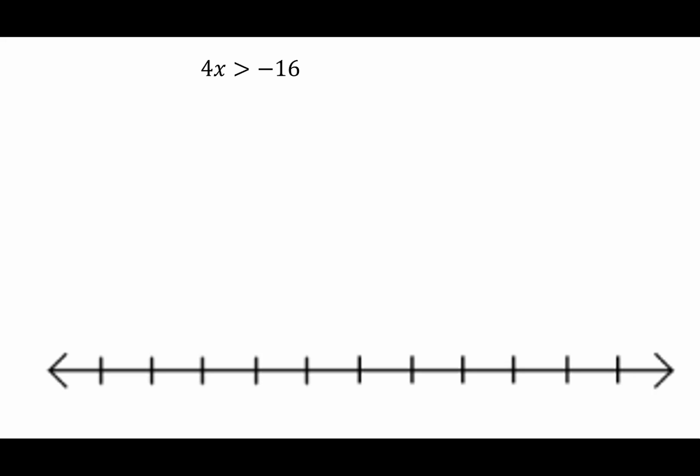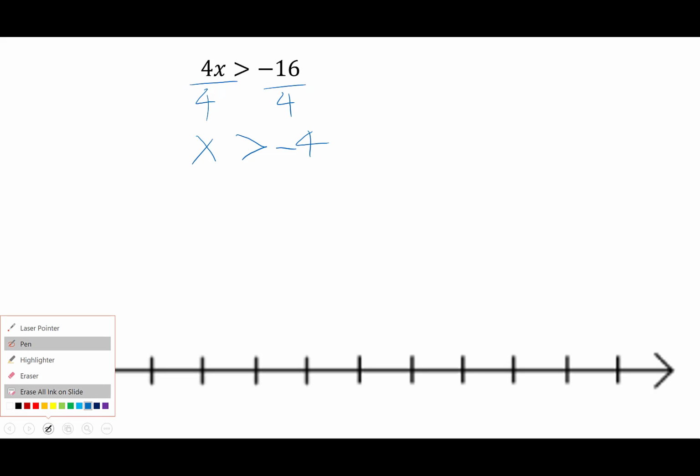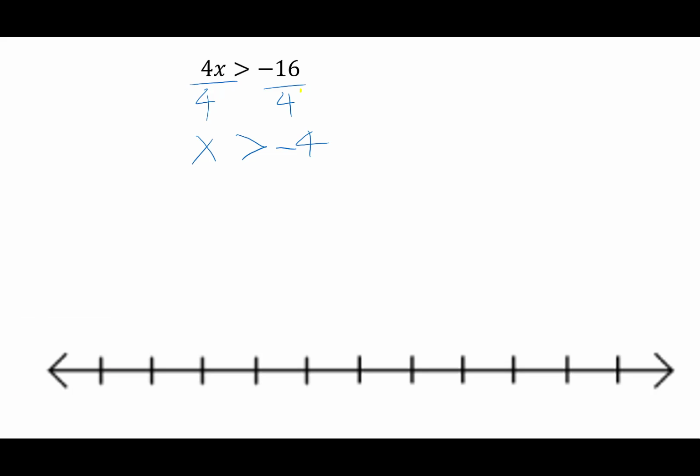All right, let's look at this one. On this one, 4 times x is greater than or equal to negative 16. So I'm going to divide by 4. And I get x is greater than or equal to negative 4. Why didn't I flip the sign on this one? Okay, the number I divided by, this number right here, is not negative.